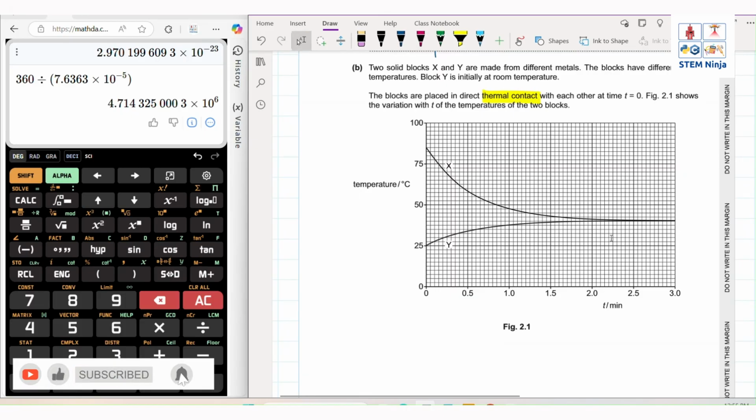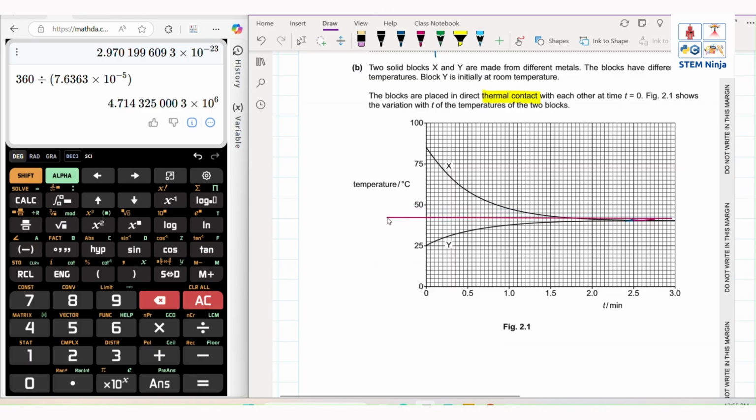So first off, this final temperature is where the thermal equilibrium is happening. So this is very obvious that they have the same final temperature. So let's mark that line. Okay. And let's see the numbers over here. So if 25 is divided over 10 markings, each point represents 2.5.